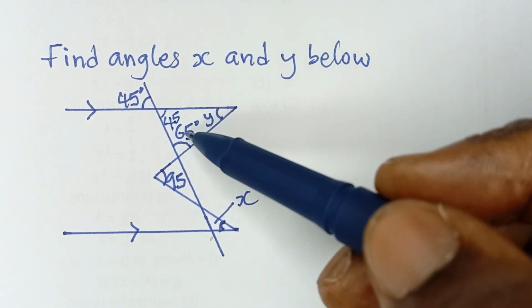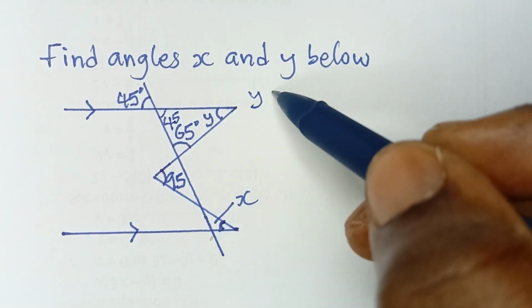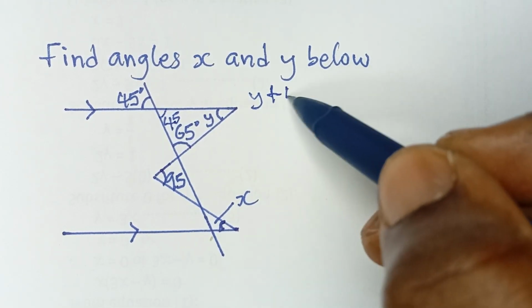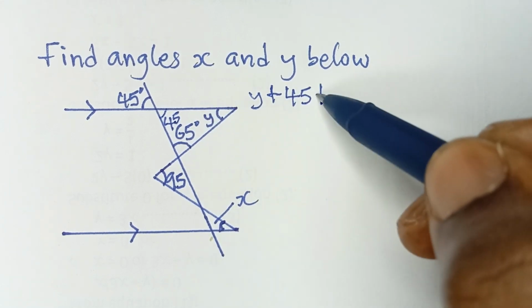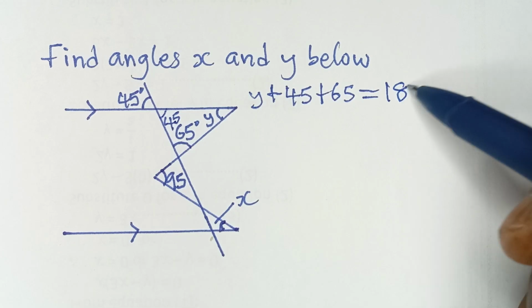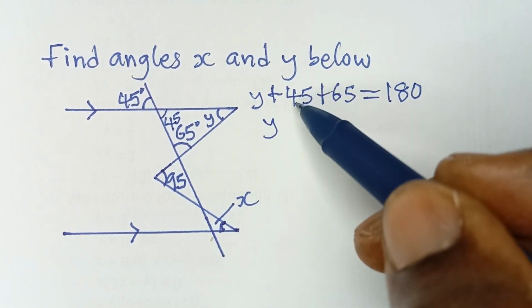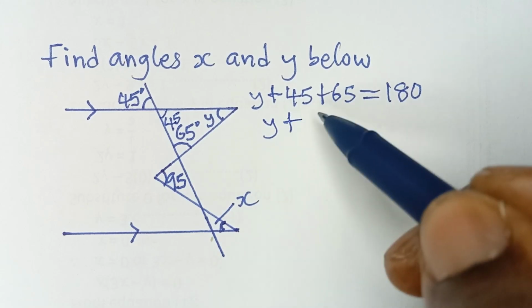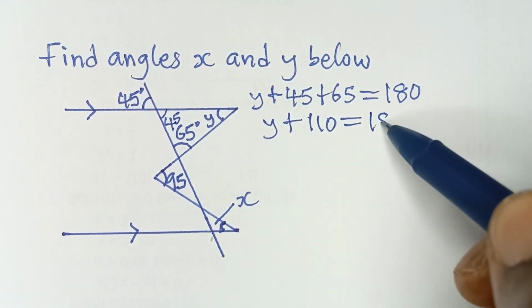So this is a triangle. I have these three angles in the triangle. The sum of angles in a triangle adds up to 180. So y plus 45 plus 65, everything should sum up to 180. 45 plus 65 gives me 110, so y plus 110 is equal to 180.